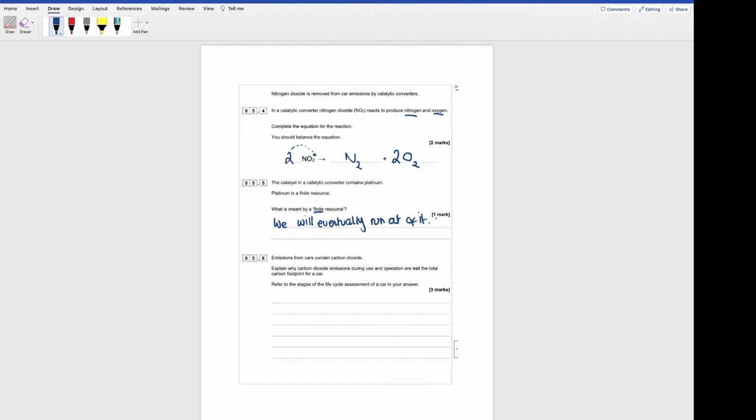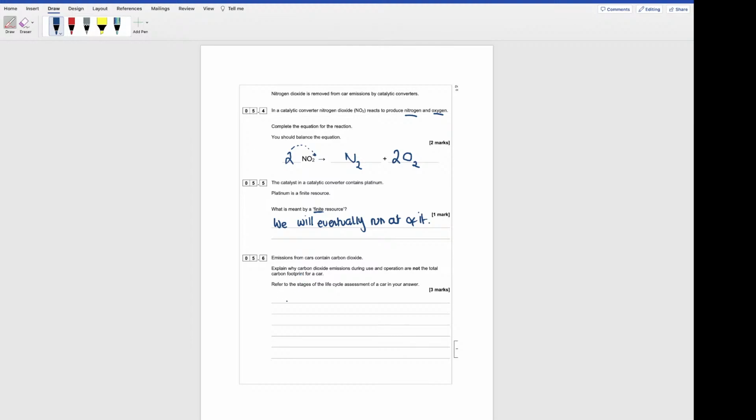Actually, making the car in manufacturing, that took some carbon dioxide. It was in a factory, it was using machines. Also, to transport that car from, let's say, it could be China, it could be the US, importing them on big ships, that's going to produce a lot of carbon dioxide too. So there's a lot more to it than just the production in the car.